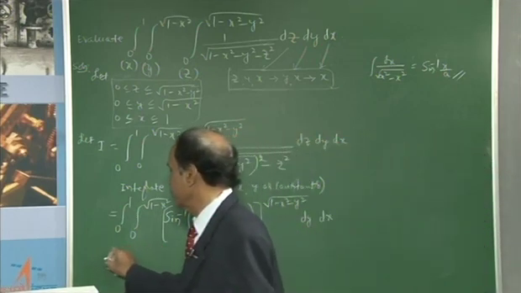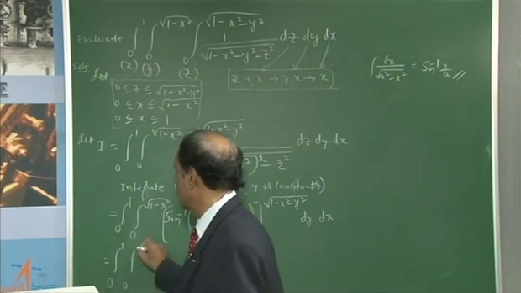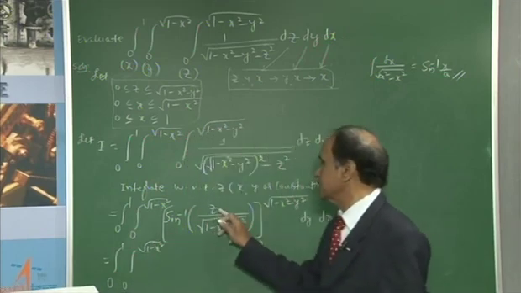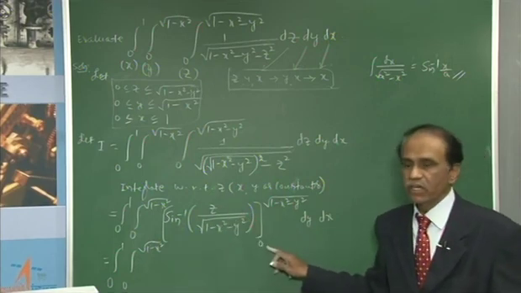This is equal to 0 to 1 and 0 to root of 1 minus x square. Then in place of z we replace the upper limit and then the lower limit.